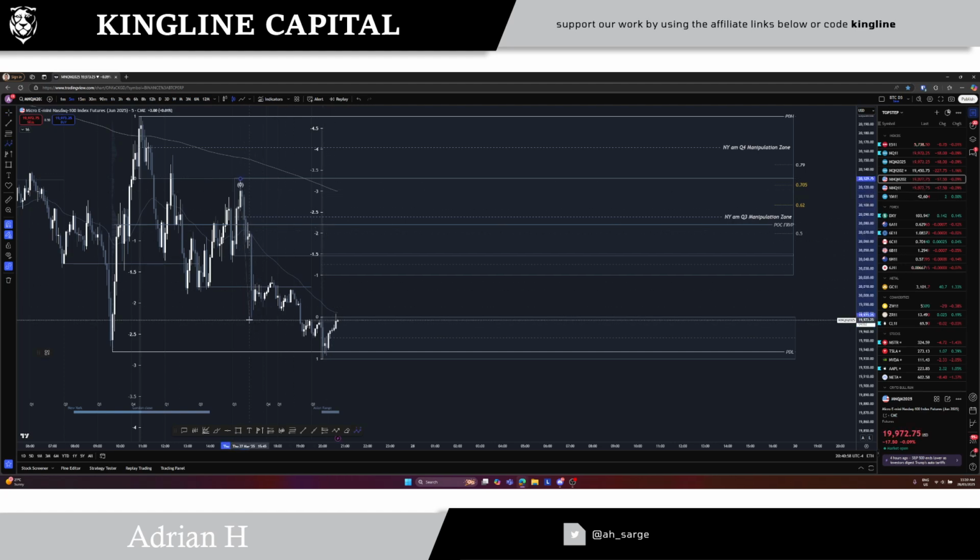So from this break, 1, 2, this low here now becomes 3, and then 4, 5 will be up here. And we'll be looking for that sweep of 2 for the short.